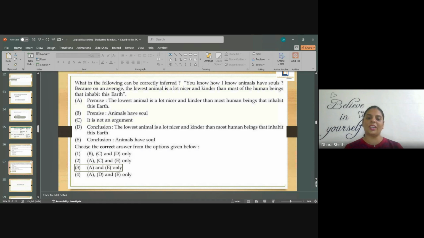Here we are just talking of the structure. So the answer is 3, A and E only. It is not essential that the premise has to come first in the description, but when we are thinking, it has to come first, followed by the conclusion, the logical sequence.